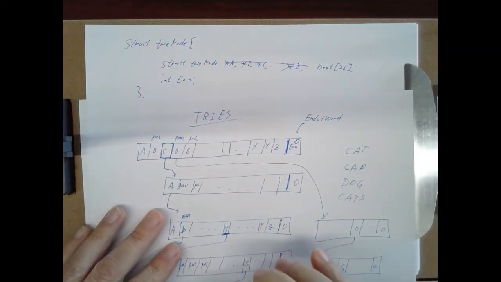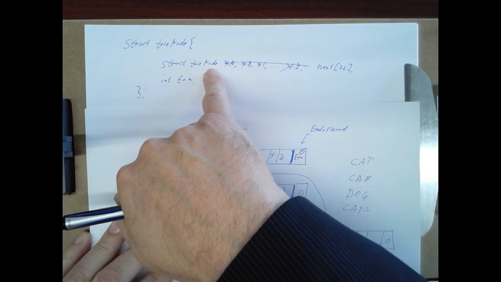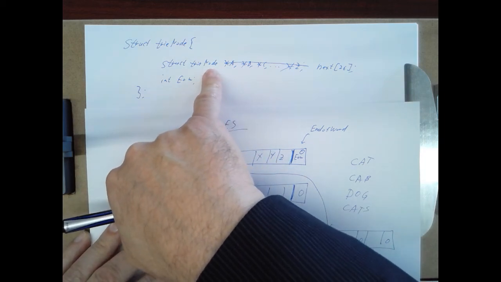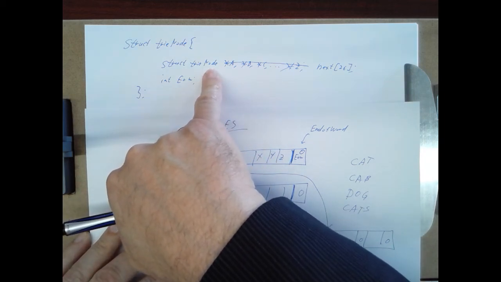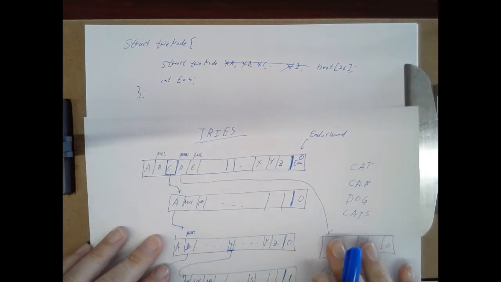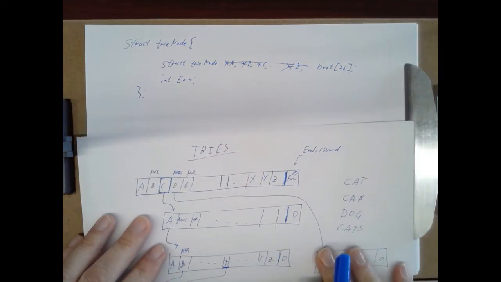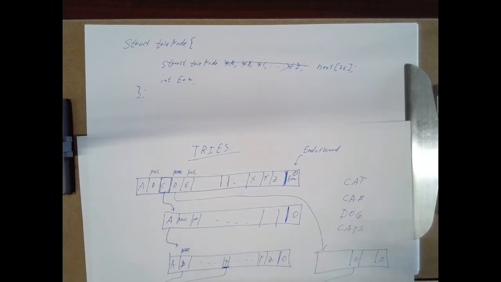If it's not null, you simply follow it and work with your second letter and keep doing this until you get to the end of your word, and then you take that last letter. And if that's pointing to a node, you simply go to that node, set the end of word to 1. If it's not pointing to a node, you make one more node, point to it, set the end of word to 1. If it points to a node that already has end of word set to 1, you're trying to insert something that's already in your try.